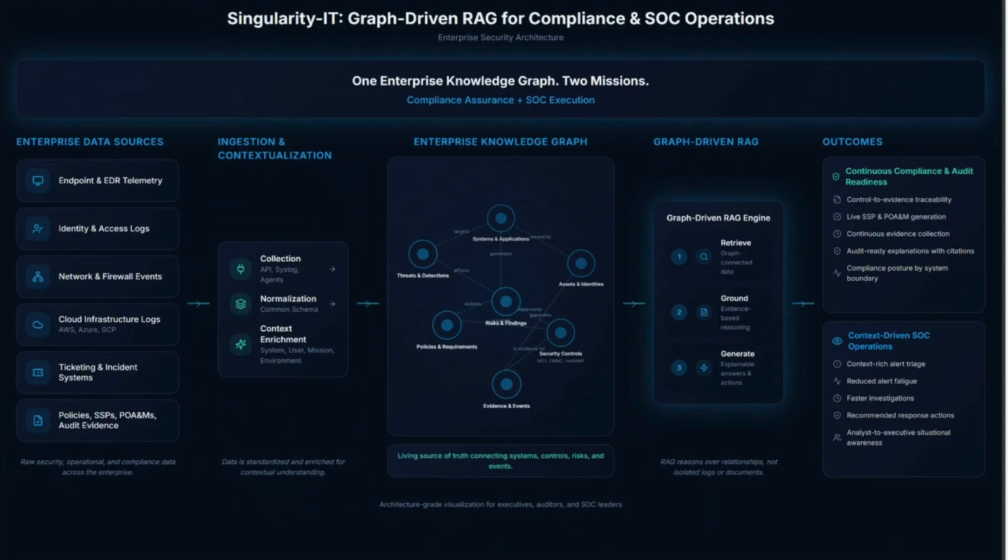That enterprise knowledge graph is connected to a graph RAG system in order to actually retrieve and provide information into the given outcomes.